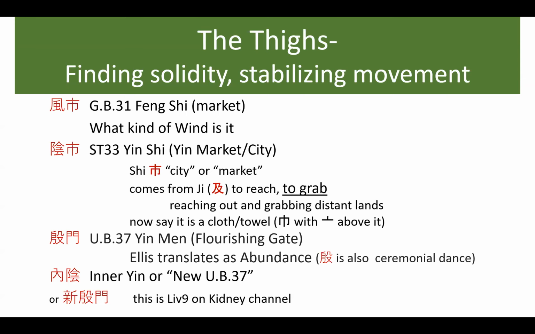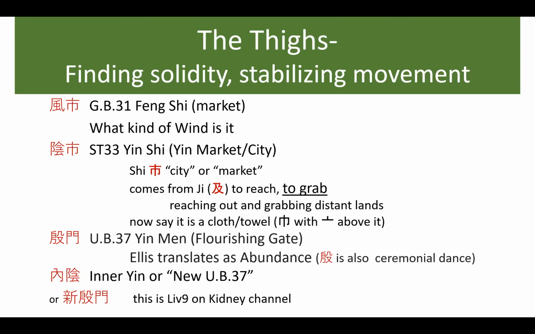Then on the way towards the thighs, what we're seeing is these two markets, gallbladder 31 and stomach 33. Okay, so the character for market or city, shi, if you look at the etymology, what it means is like the outskirts of the town.